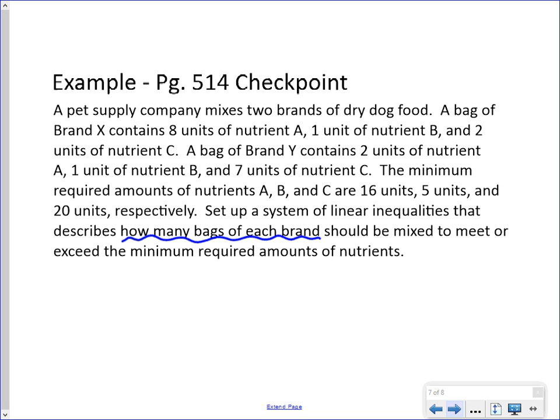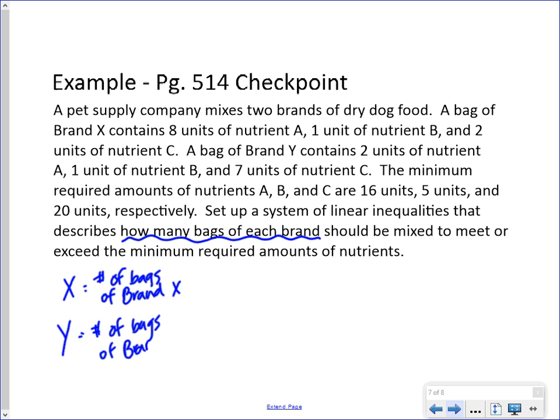Or the brands? They should be the brands. So I would use X and Y. And X is the number of bags for brand X. And Y is the number of bags for brand Y.